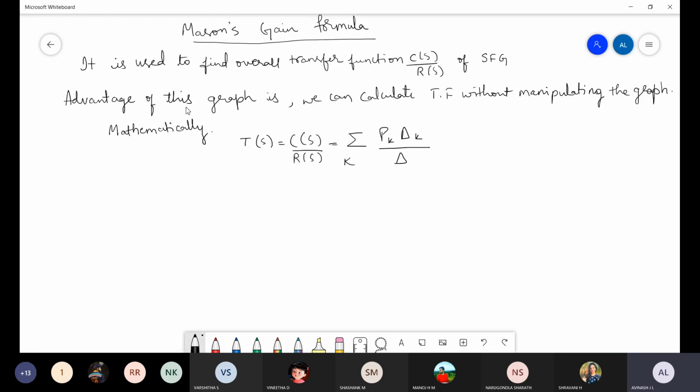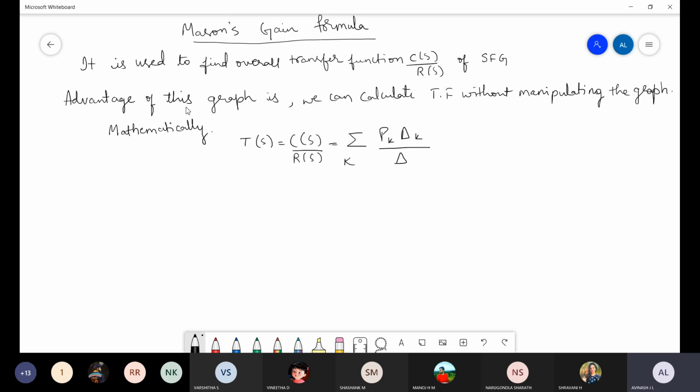Like in block diagrams, we have reduction techniques: we reduce the block diagram to a single block and find the transfer function. But here, we need not transform anything. We can achieve it just by using the formula.